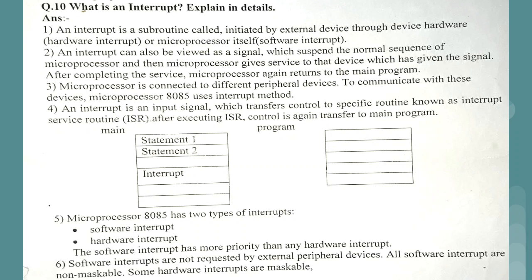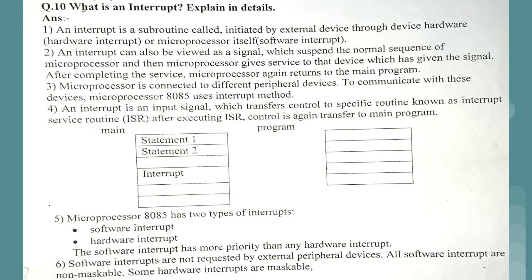So I hope this question is clear to you, that is, what is interrupt. Interrupt is nothing but a subroutine. Then you just need to explain the two types of interrupts. If the interrupts are generated by external devices, that is called hardware interrupt. If the microprocessor itself is generating some type of interrupt, that is called software interrupt.